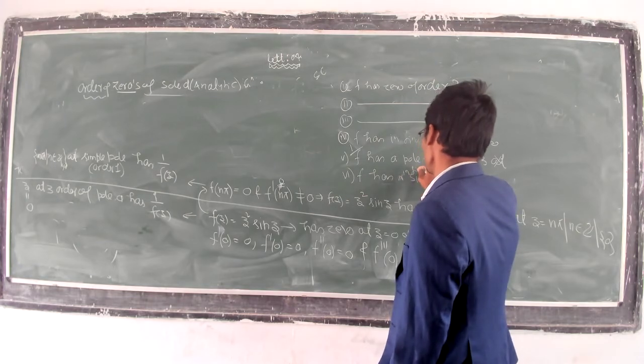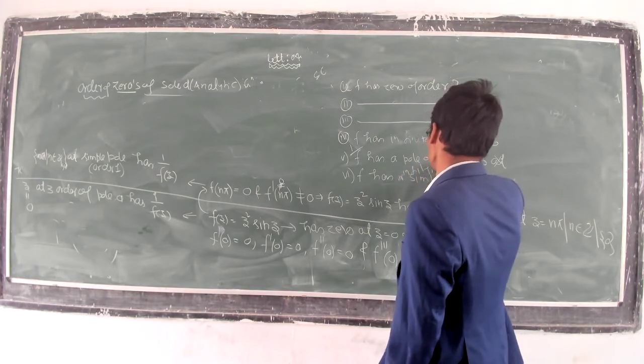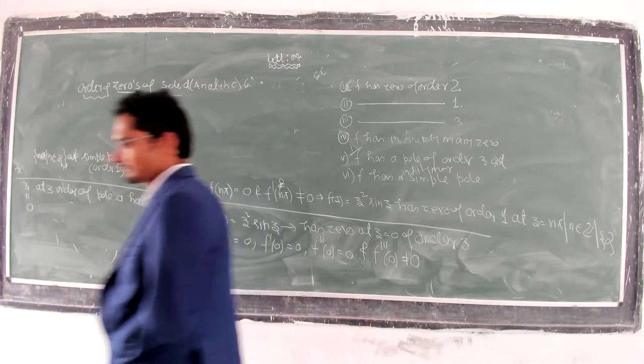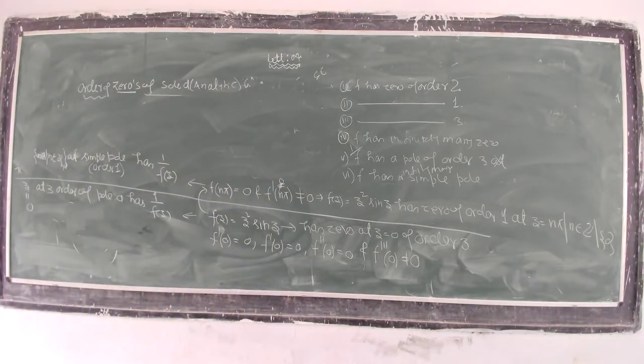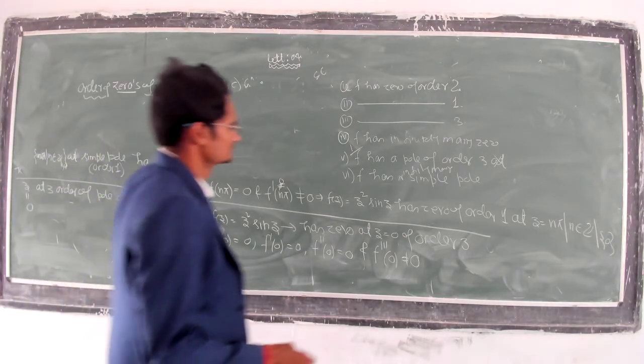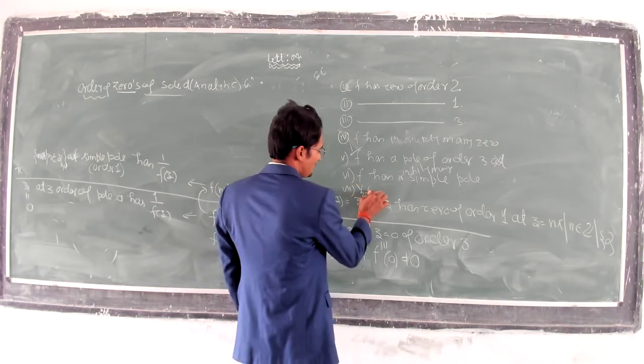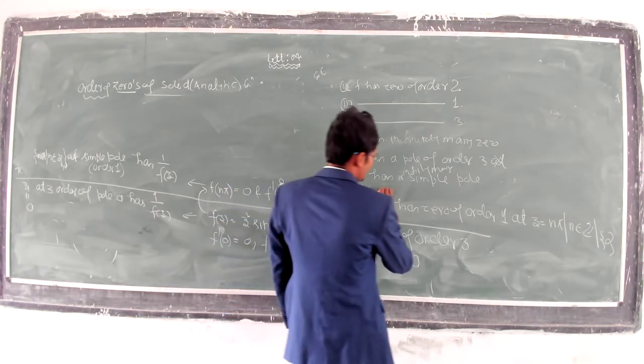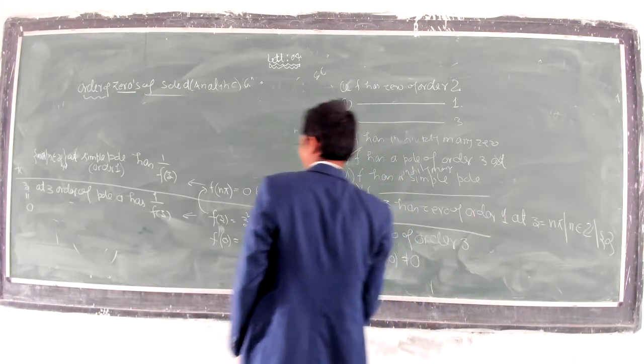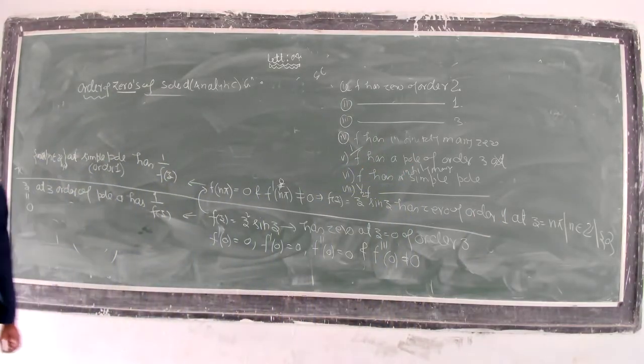Infinitely many simple poles. And then the last option is 1 over f has infinitely many simple poles.